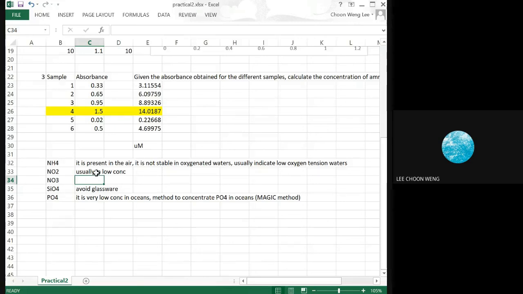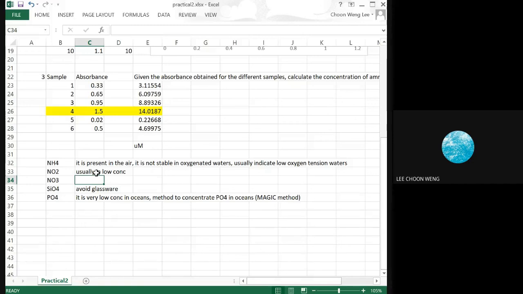So usually NO2 is in very low concentrations. You usually find either a water with more NO3 or more ammonium. If you find a water with more ammonium, that indicates that the water is usually more polluted, more reducing in nature. Whereas if you see nitrate higher, that means it's usually more oxygenated.